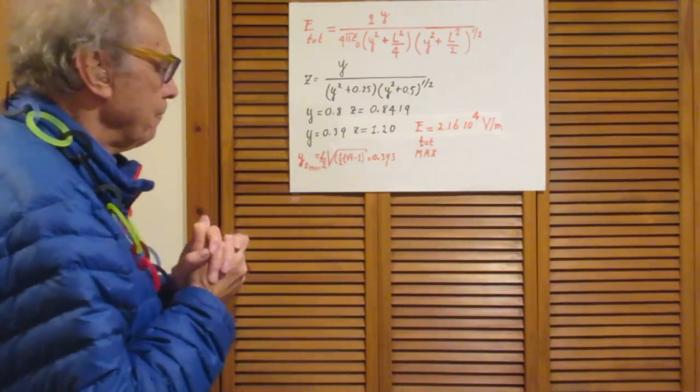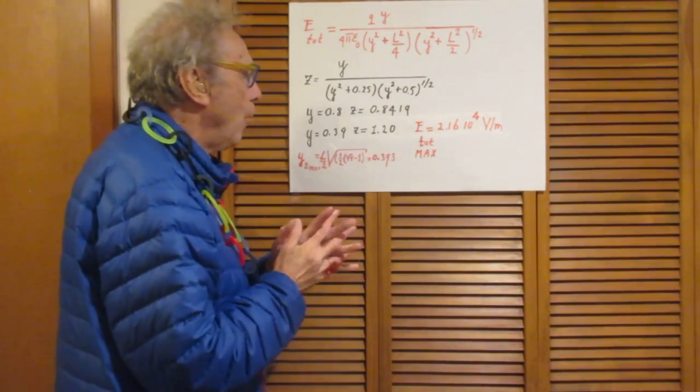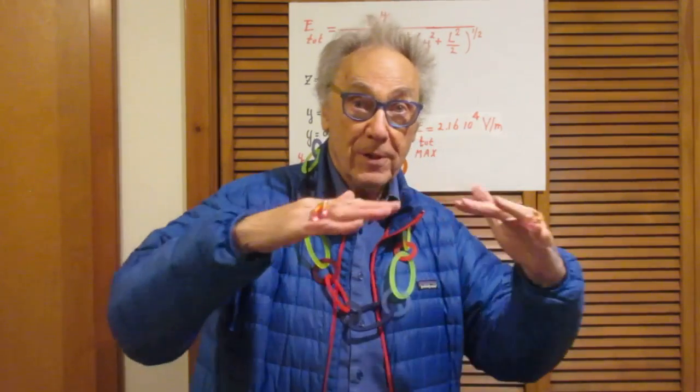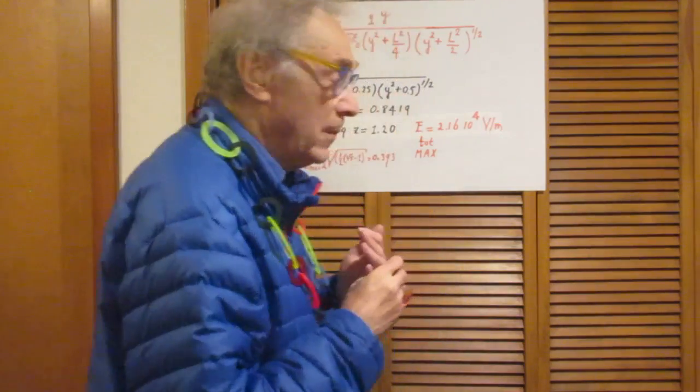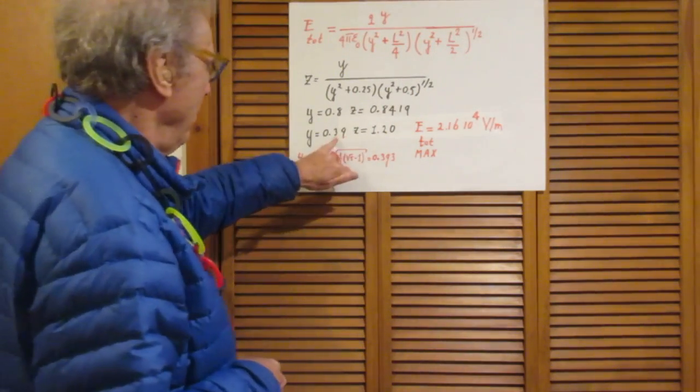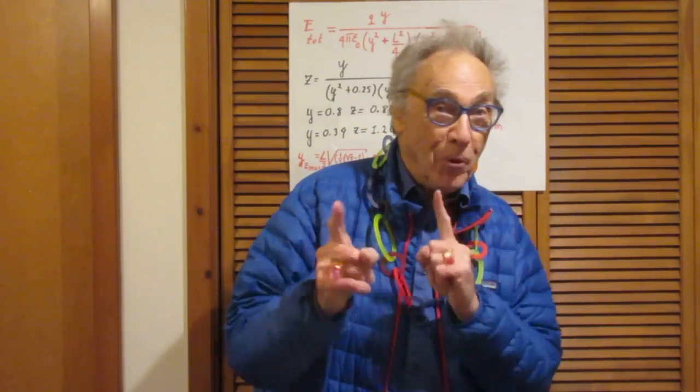And that then is 0.393. So 39.3 centimeters above the plane, right through the center, is at a maximum. And when you compare that with my 39 centimeters, not so bad, but they deserve more credit than I do.